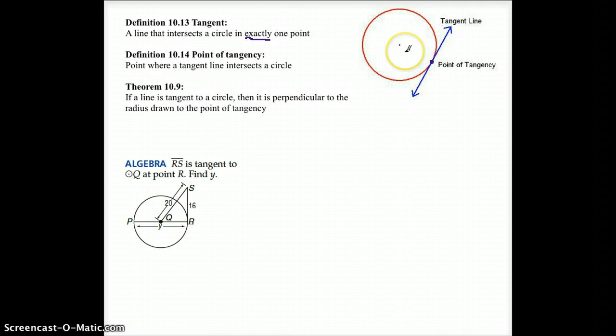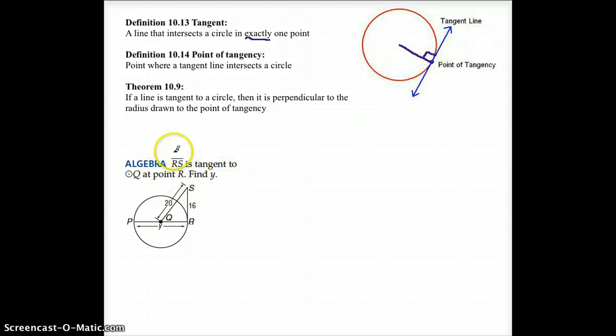So if I were to draw a radius from the center to my point of tangency, which was pretty good for me, that should be perpendicular to the tangent line. So we'll draw our little right angle symbol there. And that's okay. So this radius has to be perpendicular to the tangent at the point of tangency.